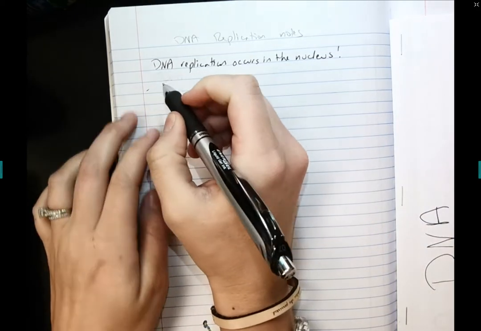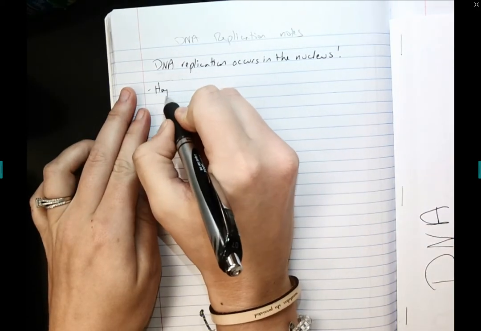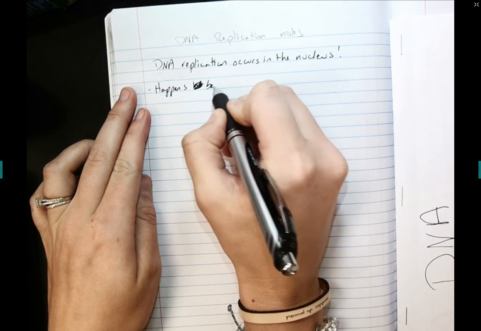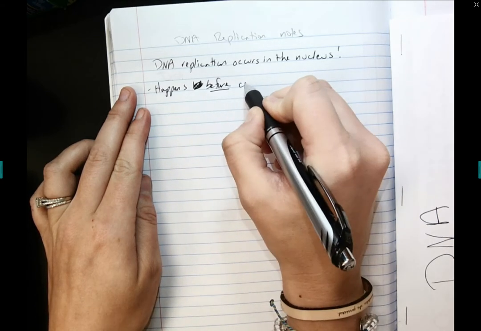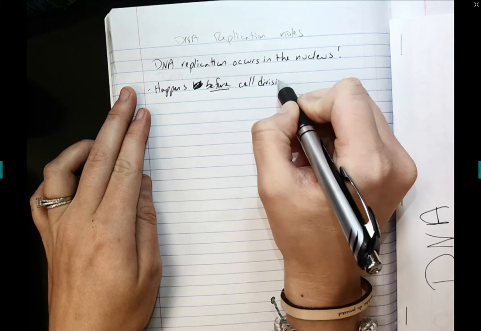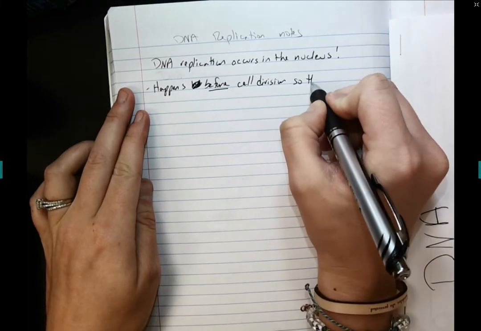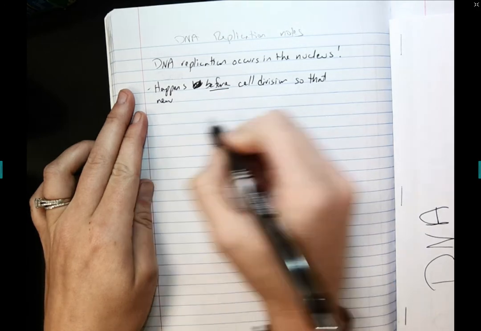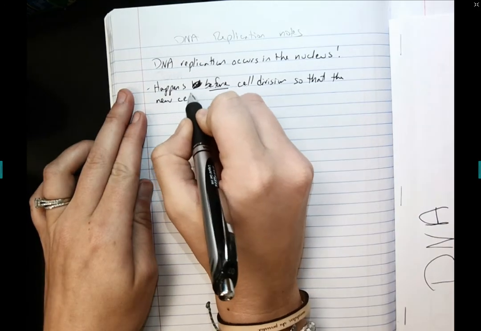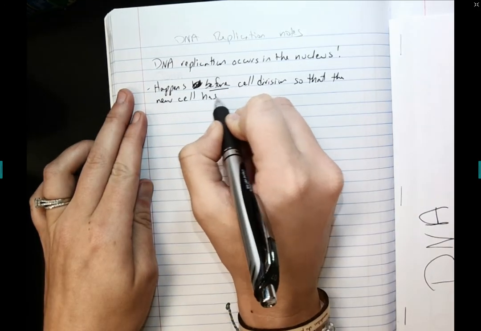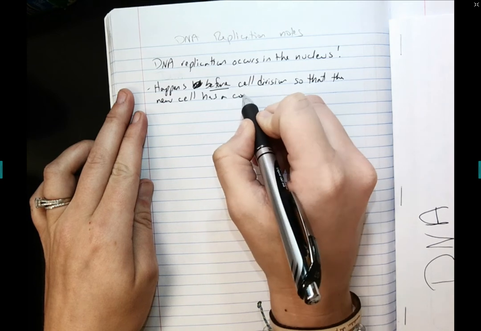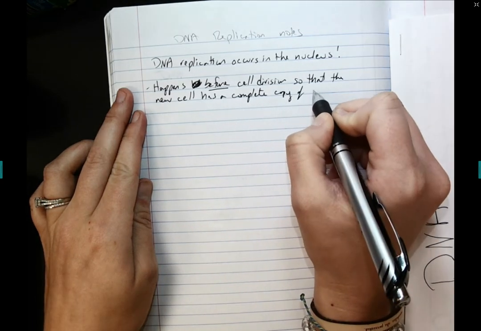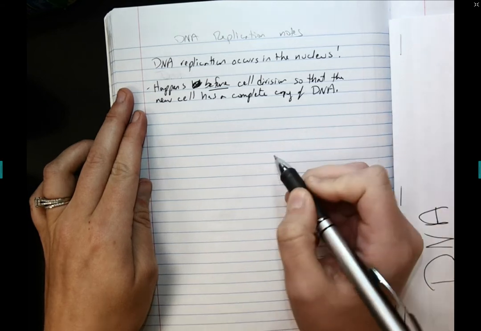So, DNA replication happens before cell division, so that the new cell has a complete copy of DNA.